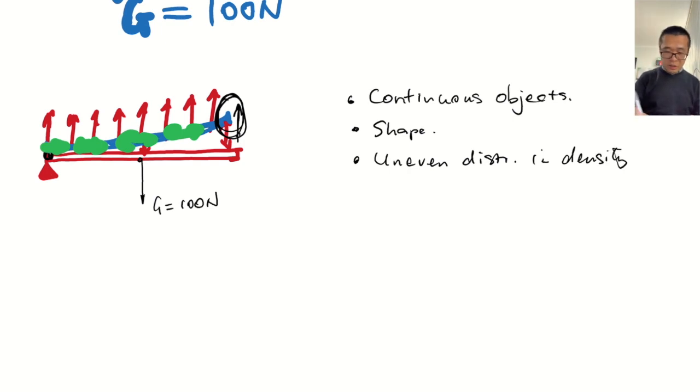That means this whole bar might not be a uniform object, right? And for the shape itself, here I just show a uniform metal bar, but in reality, the shape could also be arbitrary, right?